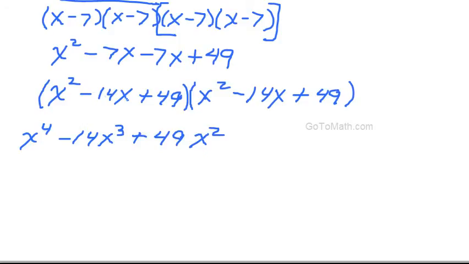Okay, so we've got negative 14x times x squared. So hopefully this doesn't confuse anybody. Negative 14x times negative 14x is going to be a positive something. And I think I'm going to cheat and use the calculator on this one. So 14 times 14 is 196. 196x squared. And then we're going to have negative 14 times 49. I'll let you do that in your head.